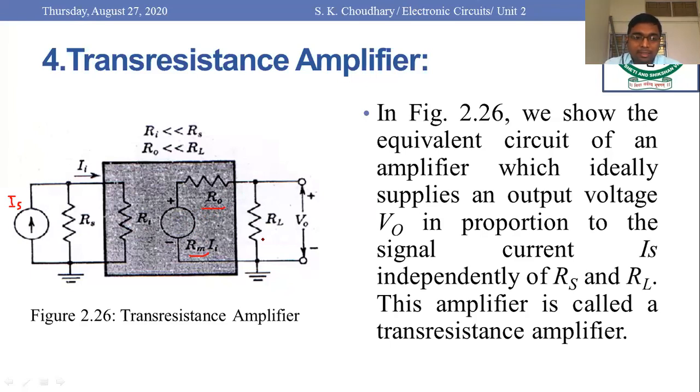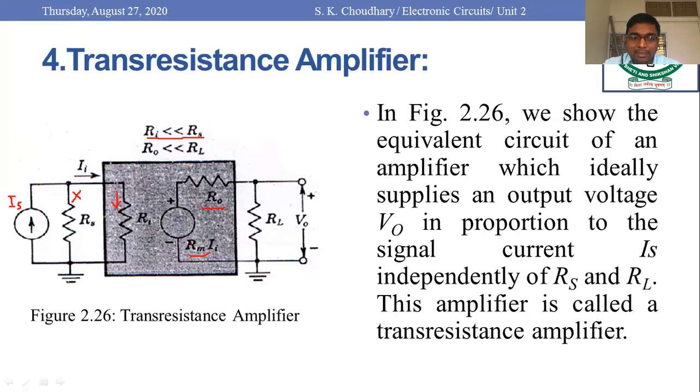As per the condition of a current amplifier at the input side, here Ri is very much less than Rs. So what happens? No Is current would flow across Rs. The whole Is would flow in the form of Ii across Ri. But when you come to the output network, it is the Thevenin equivalent circuit.